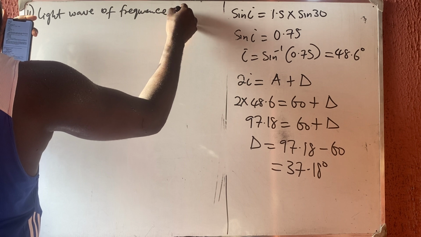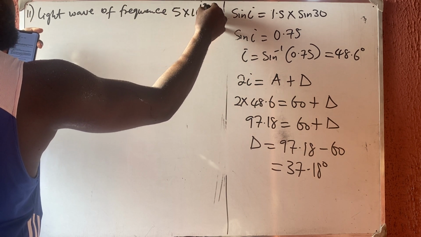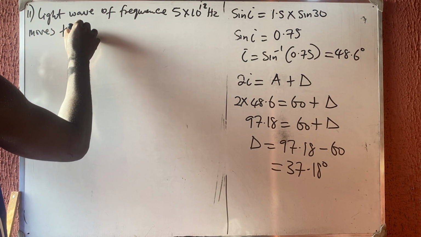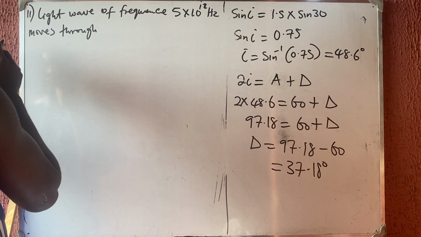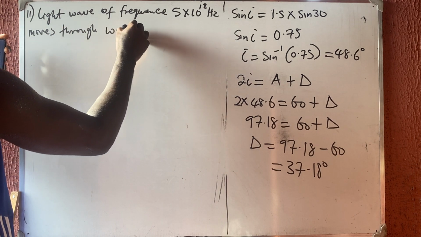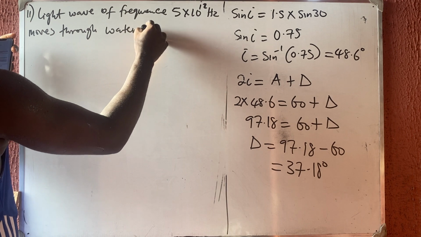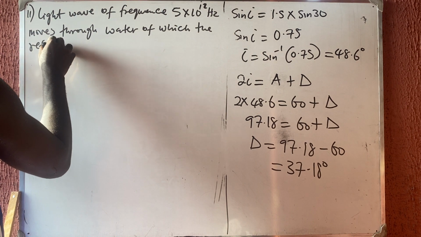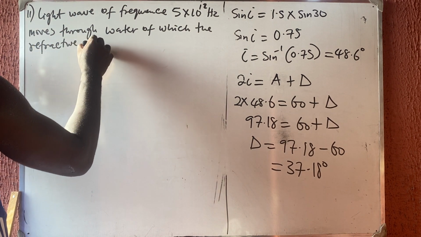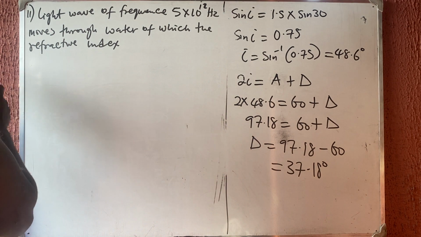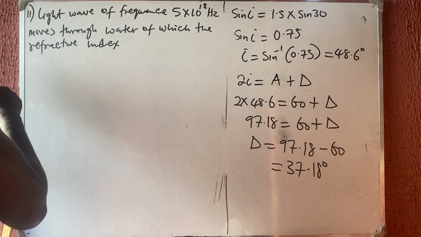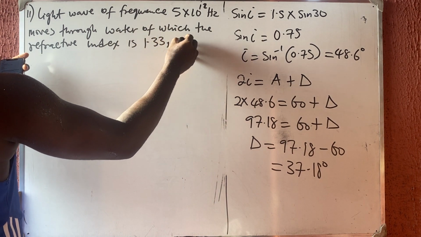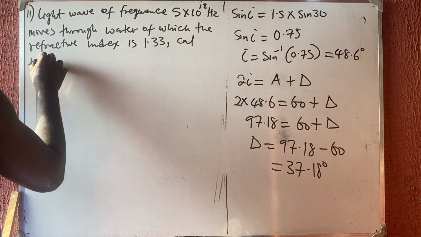Question number 11 said: a light wave of frequency 5 times 10 raised to power 12 hertz moves through water, of which the refractive index is 1.33.